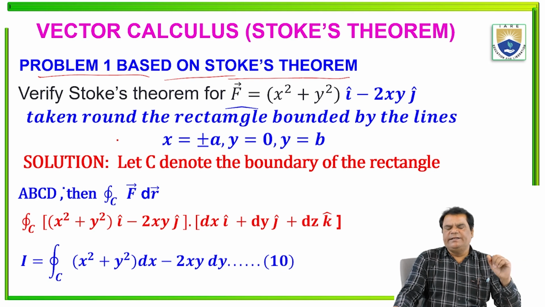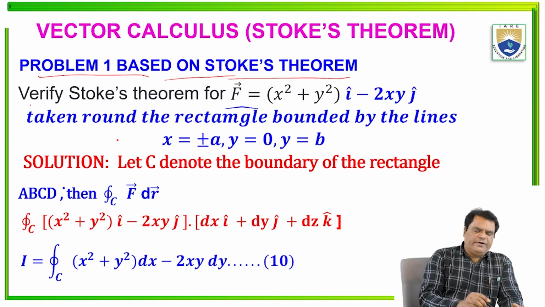Left hand side is the line integral, right hand side is the surface integral. So we will find the value of both integrals. If both values are the same, it means Stokes theorem is verified. If both values are not equal, it means Stokes theorem is not verified.